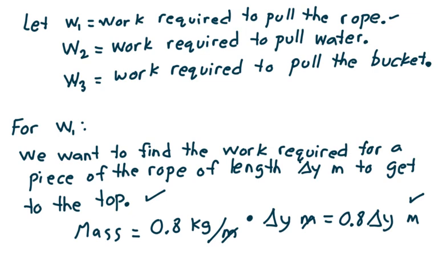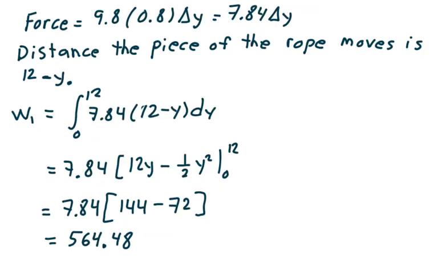Okay, so that's just mass. The force is 9.8 times 0.8 delta y, which is equal to 7.84 delta y. The distance that that piece of rope moves is 12 minus y. And now we're ready to set up our integral.